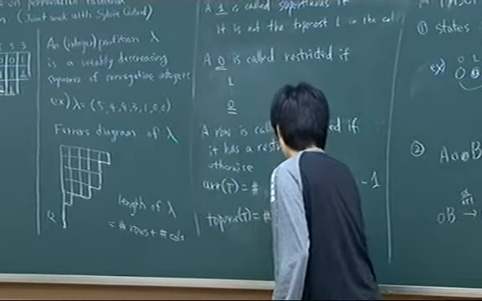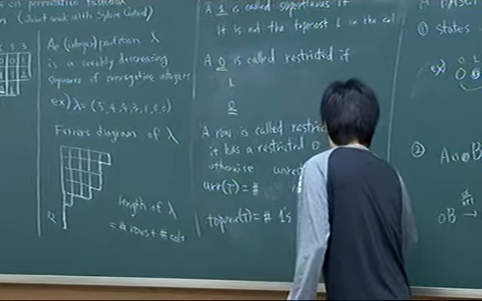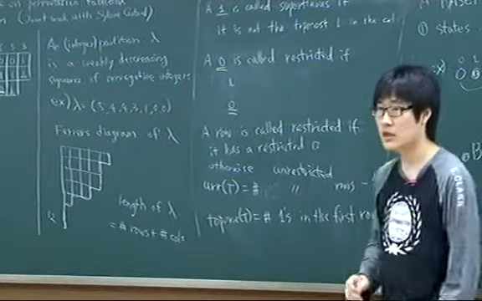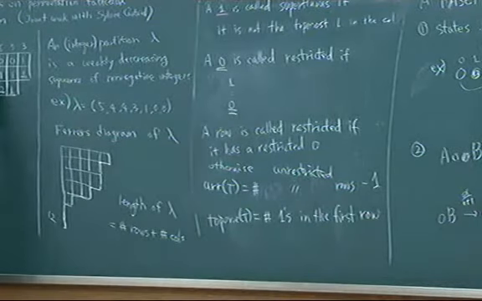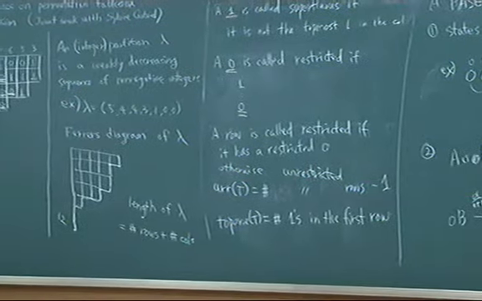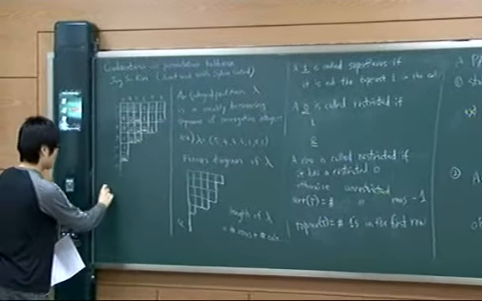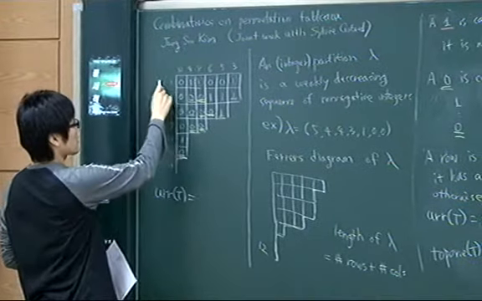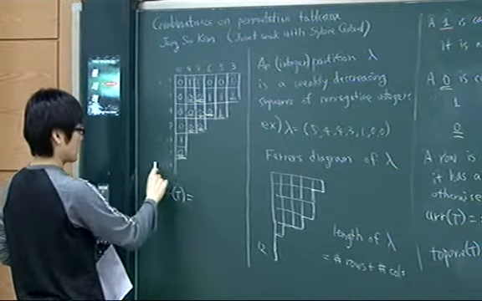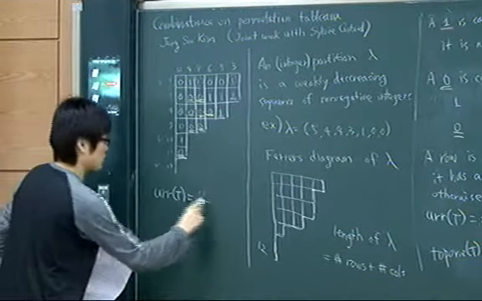Okay, so the last one, top one, is simple. It is the number of ones in the first row, so these are the topmost ones. Very simple statistics. In this example, URR of T, these are the unrestricted rows, but we have to discard this one, so it's 2.